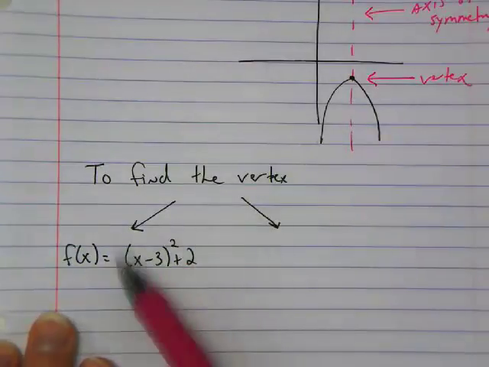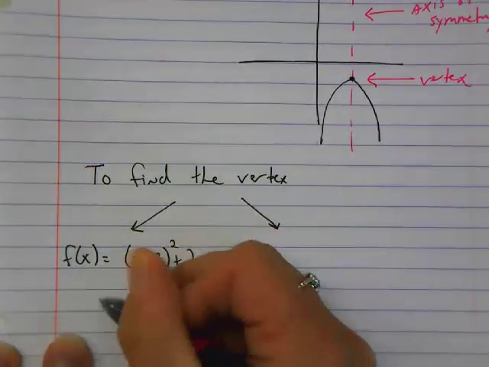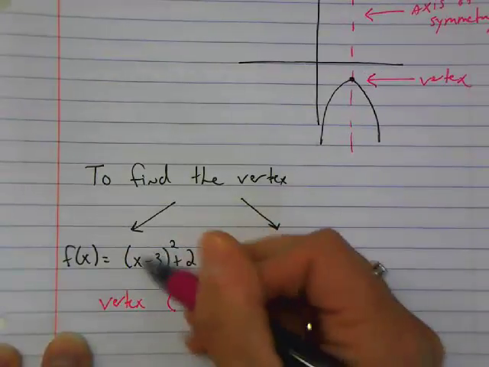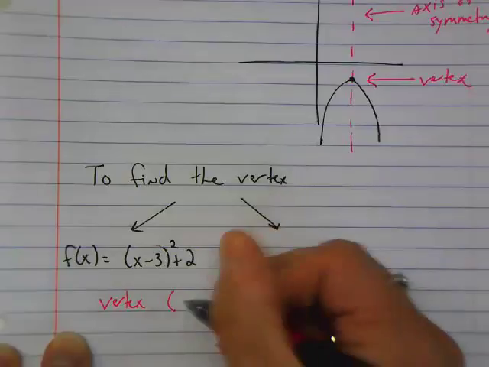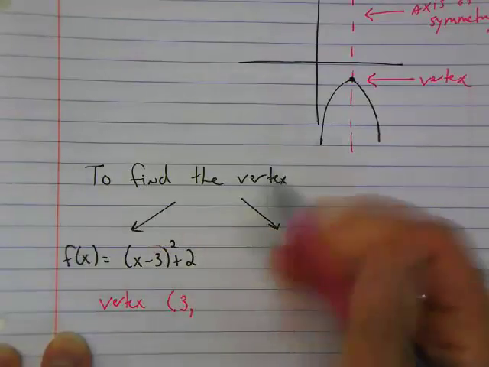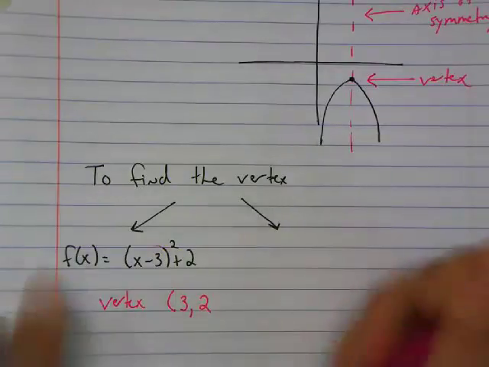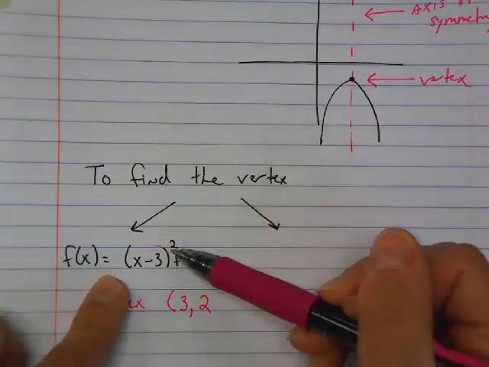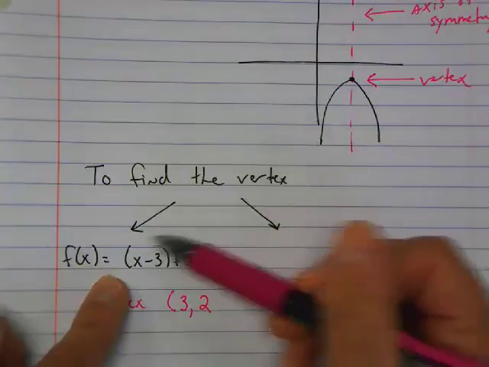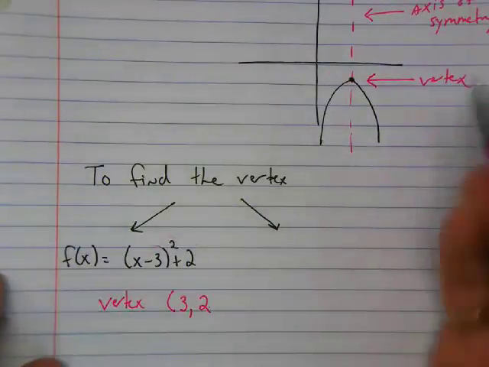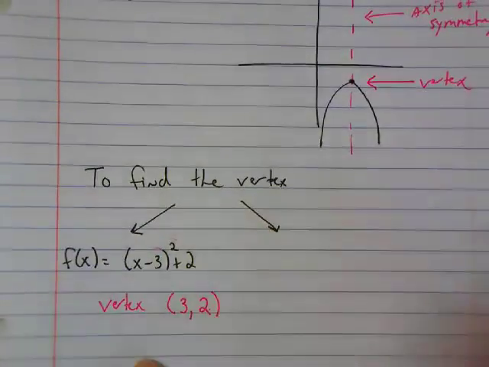So if it's already factored, if it's already in this form, your vertex would just be the opposite of this number, 3, and this number, 2. Again, think back to shifting rules. Because this is contained in the function, it changes its sign where this one does exactly what you think.